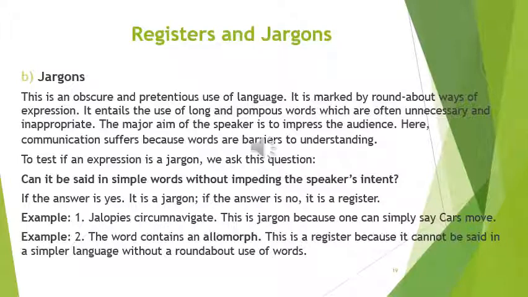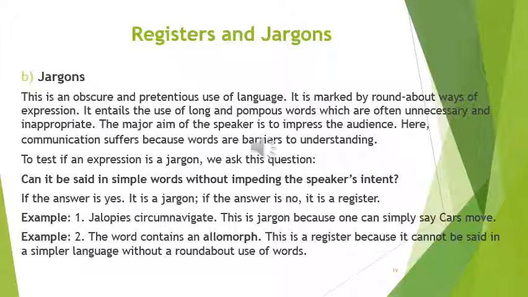Jargon is one of the defining features of a register, which is special technical vocabulary associated with a specific area of work or interest. And jargon has two different meanings. The first meaning has to do with the technical vocabulary of a profession, trade, or activity like law, medicine, football, cricket, and so on.